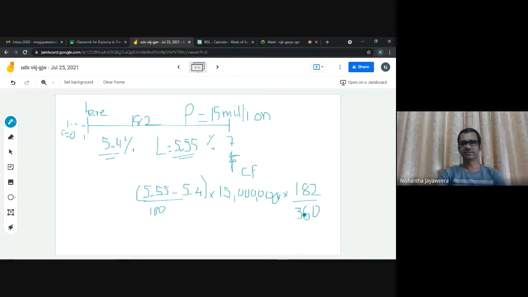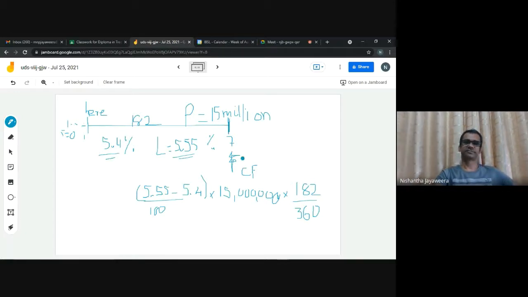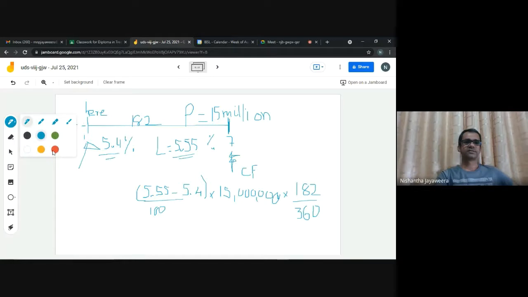This is the difference between the interest that you receive and the interest that you pay. This is the cash flow that you expect after 6 months' time. But the FRA settles on this date at the beginning itself. So therefore, what you have to do is discount this cash flow back to here.